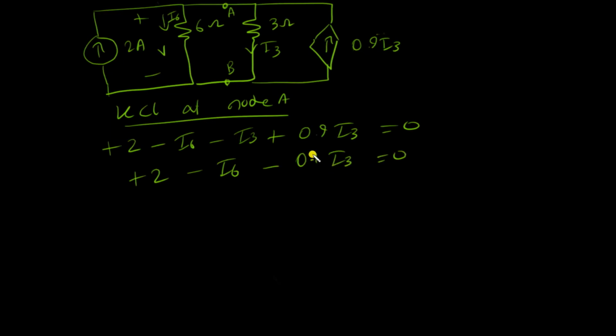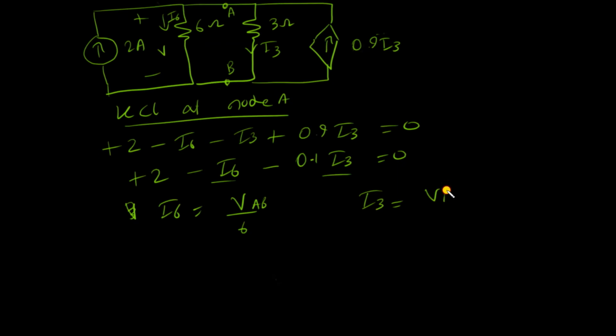Now there are two unknowns but just one equation, so we use the same concept as in our single node pair circuit. We'll combine these two currents through our voltage. The voltage across the 6 ohm resistance is VAB, and the voltage across the 3 ohm resistance is also VAB. So I6 can be written as VAB, the voltage across node A and node B, divided by 6.